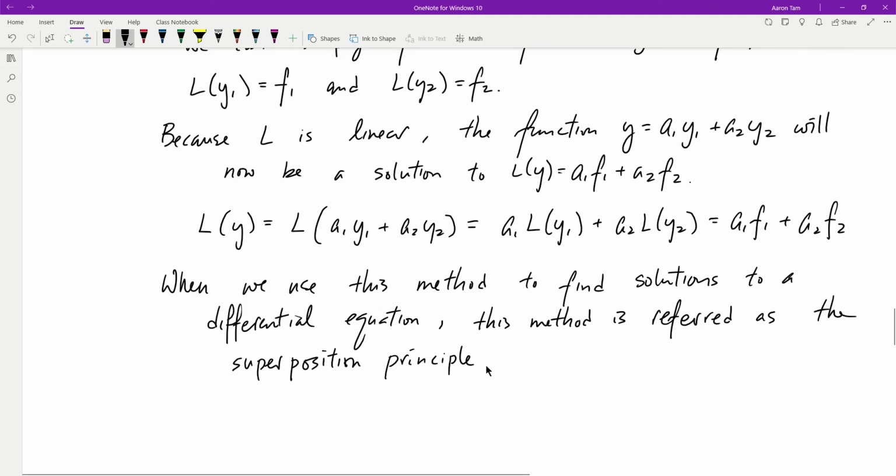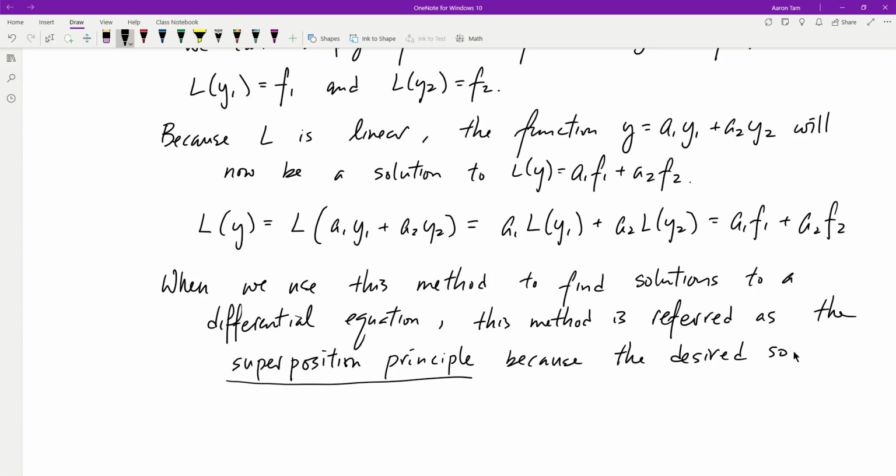And what does it mean by superposition principle? Well, we'll state it formally, but the idea is that the desired solution, which is y, is found by superposition.